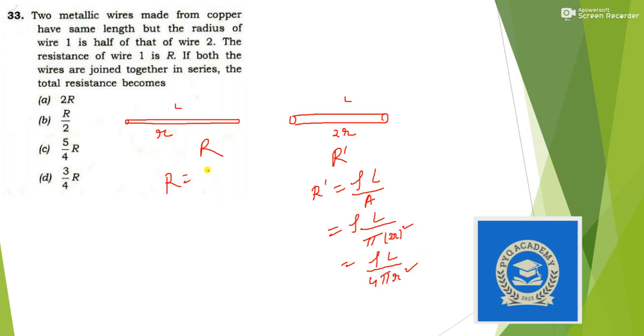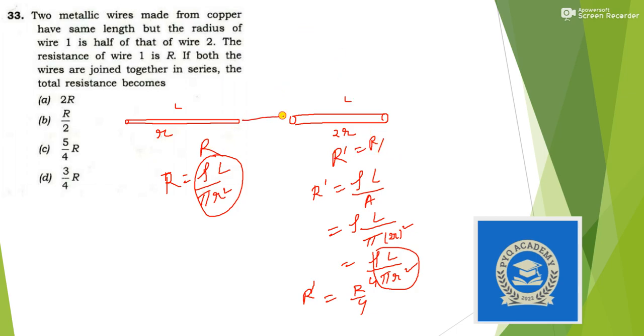This can be written as rho L by pi R squared, divided by 4. So this whole quantity equals R. So we can write the whole quantity as R, and it will become R by 4. So R dash equals R by 4.